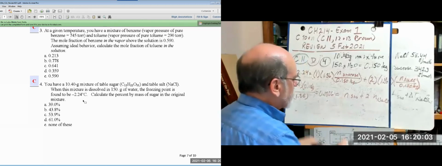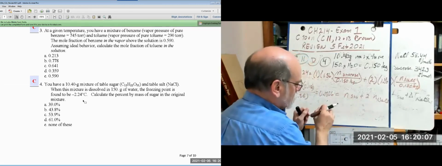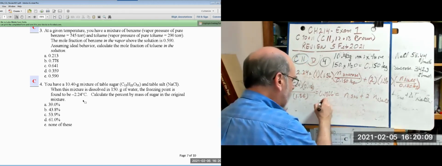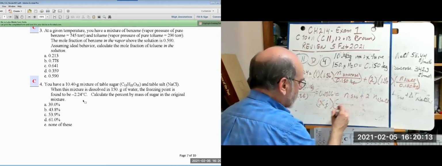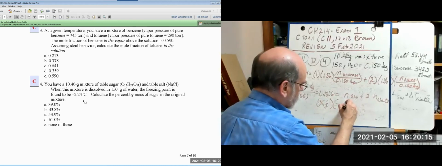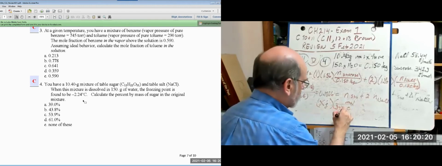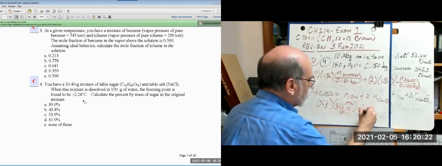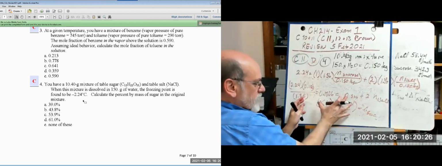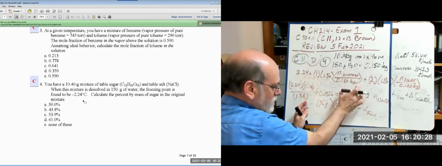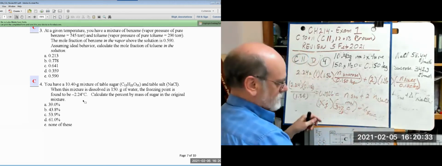We want to be able to substitute in for this value, moles of sucrose. So if we have a mass of sucrose and we multiply it by grams per mole, 342.3, then we have the moles of sucrose. Okay, so now we can substitute this in here. And similarly, we can do that for sodium chloride.